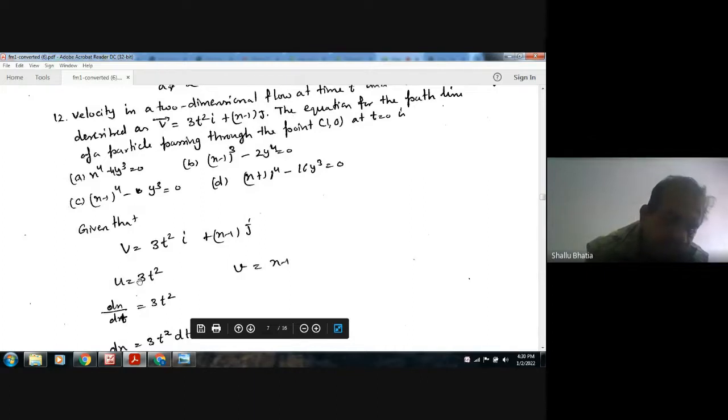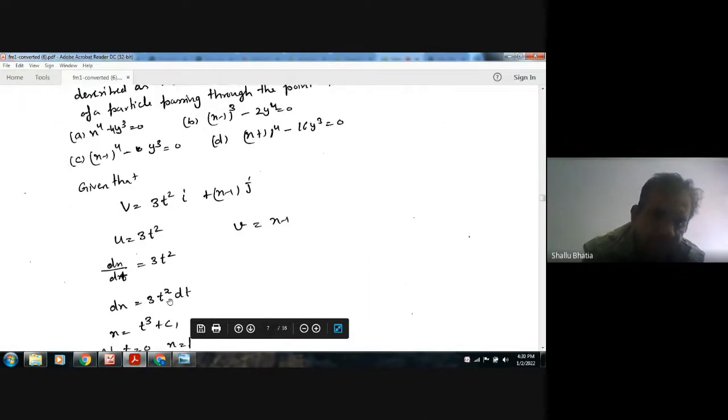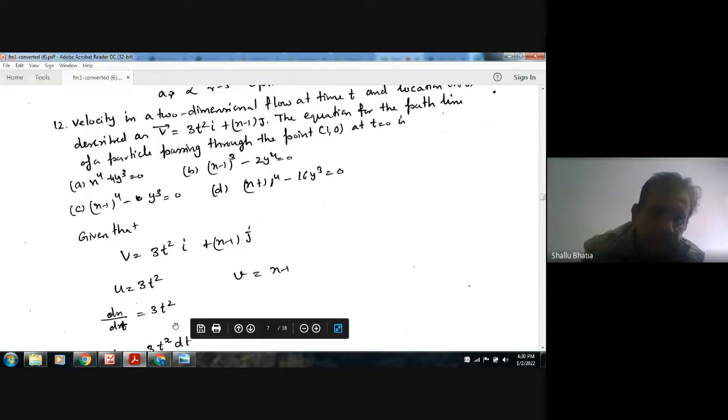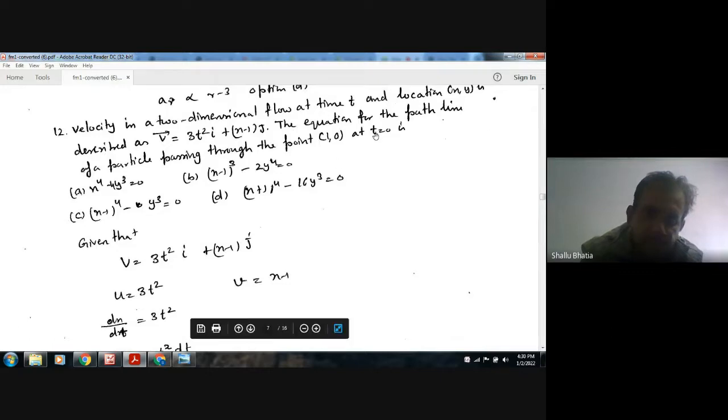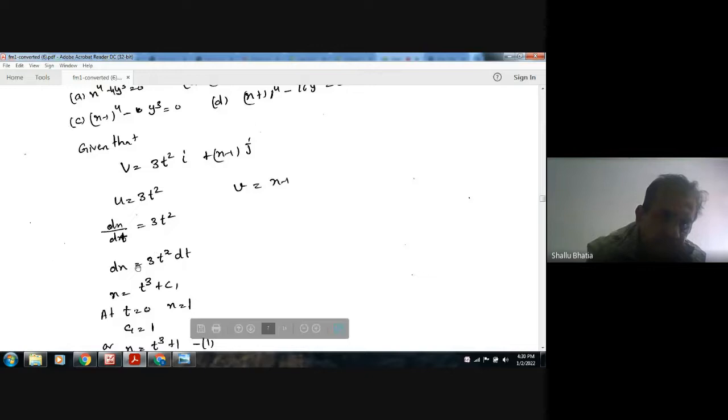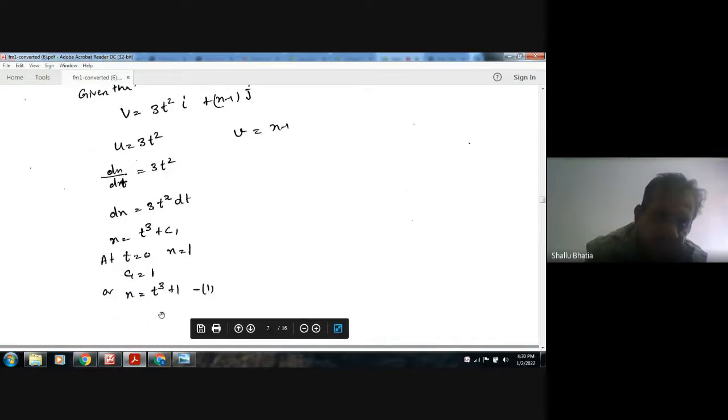This is dx by dt, and this is dy by dt. So dx by dt is 3t square. Integrating, x is t cube plus c1. At time t equals 0, x is 1, so c1 is plus 1. So x is t cube plus 1.